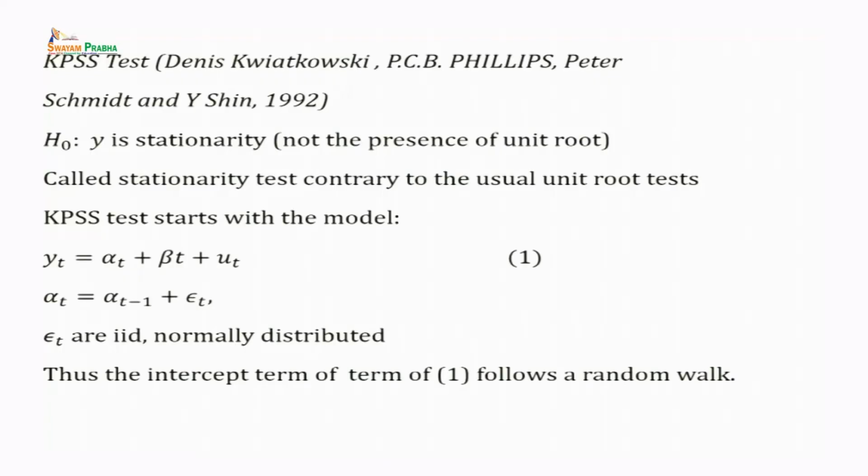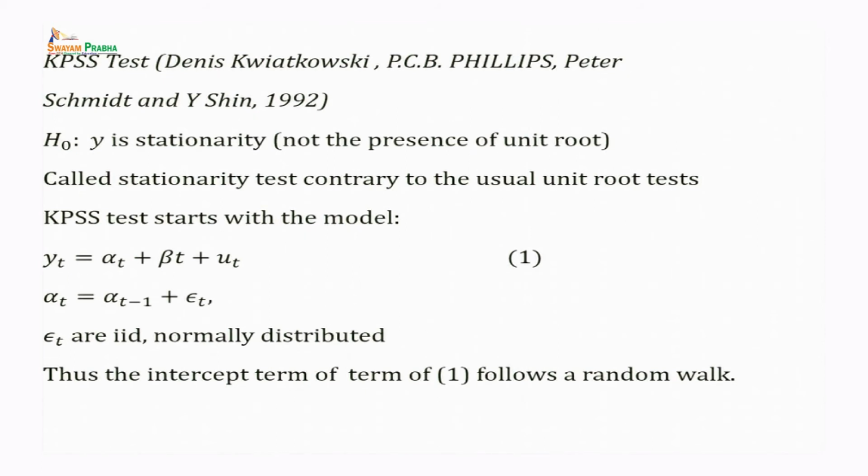In the KPSS test, the null hypothesis H naught assumes that y is stationary. Now, this is the basic difference between the KPSS test and other unit root tests. So, H naught is the hypothesis that y is stationary, so the unit root is not present.